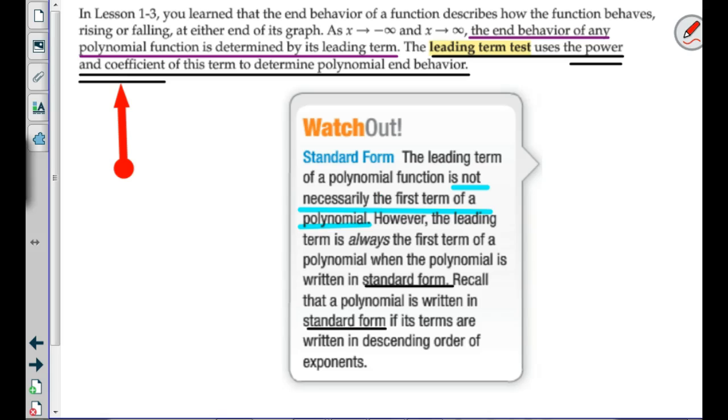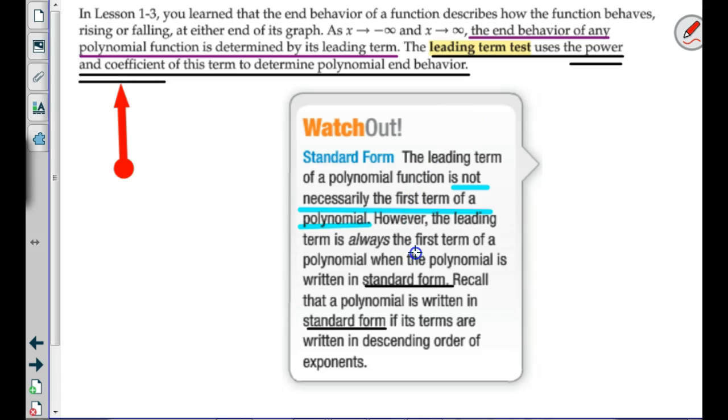Okay, so the end behavior depends on the degree and the leading coefficient. The end behavior, whether it's going up forever, down forever, left end up, right end down, etc., depends on the leading coefficient and the degree. It says the leading term test uses the power and coefficient to determine the end behavior.